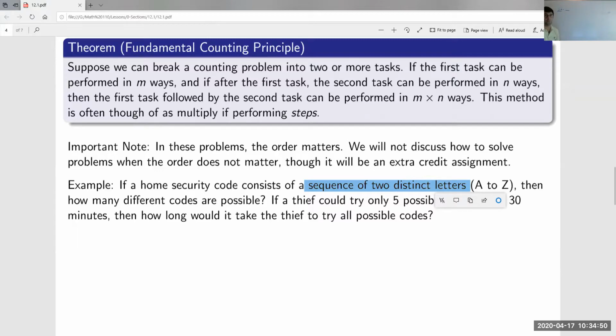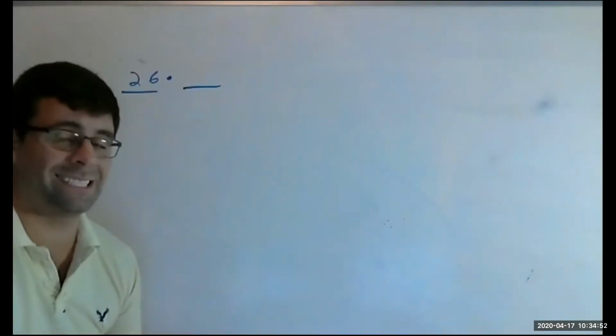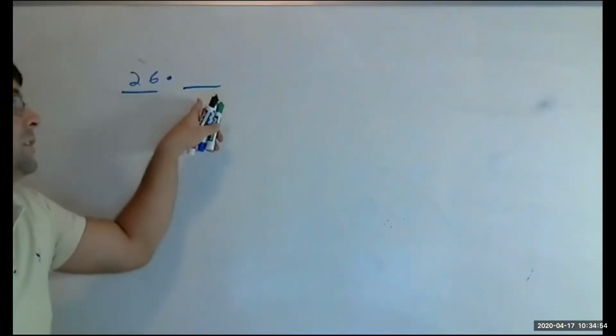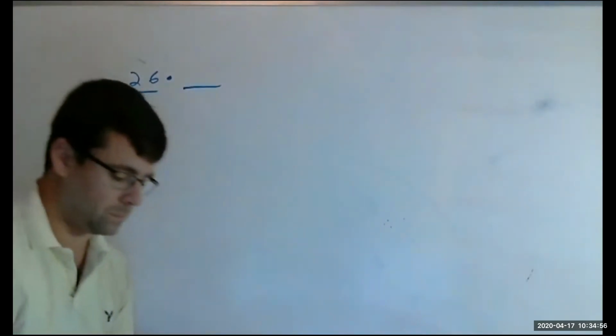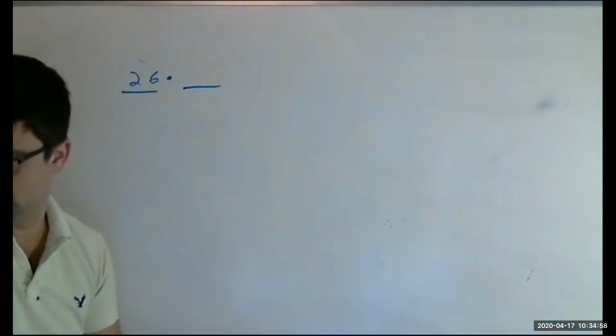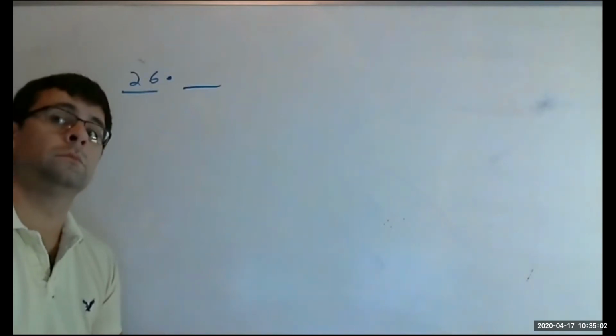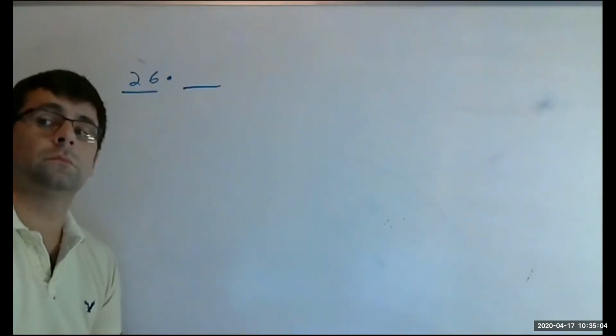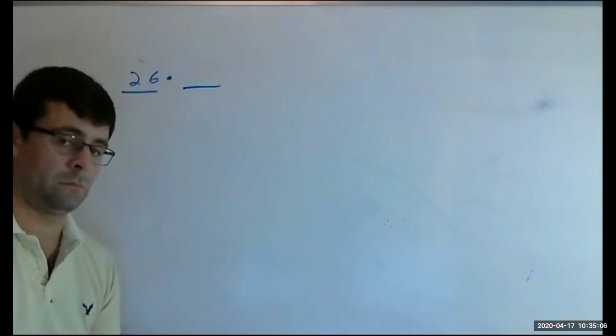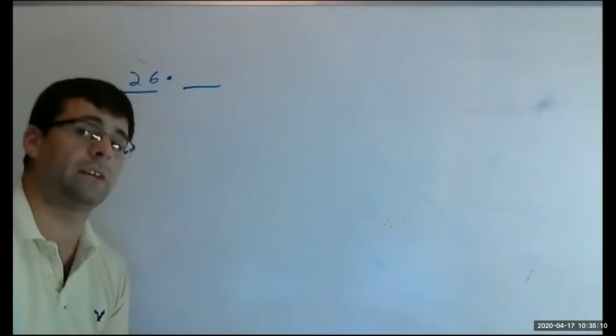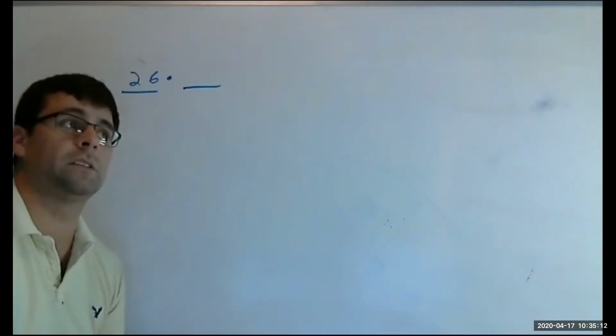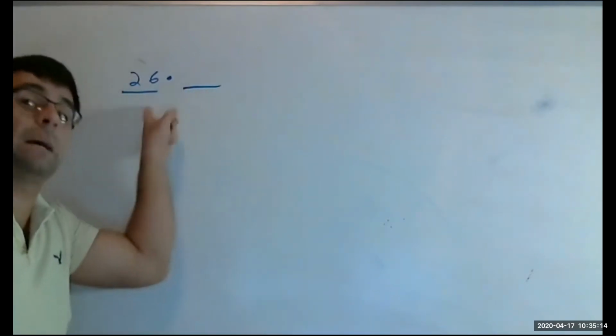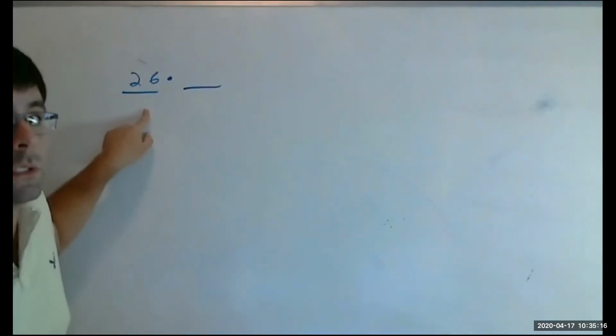So if that's the case, then how many possibilities are there for this one? Would it be 25? It is 25. It's all of the letters except the one that you already used.